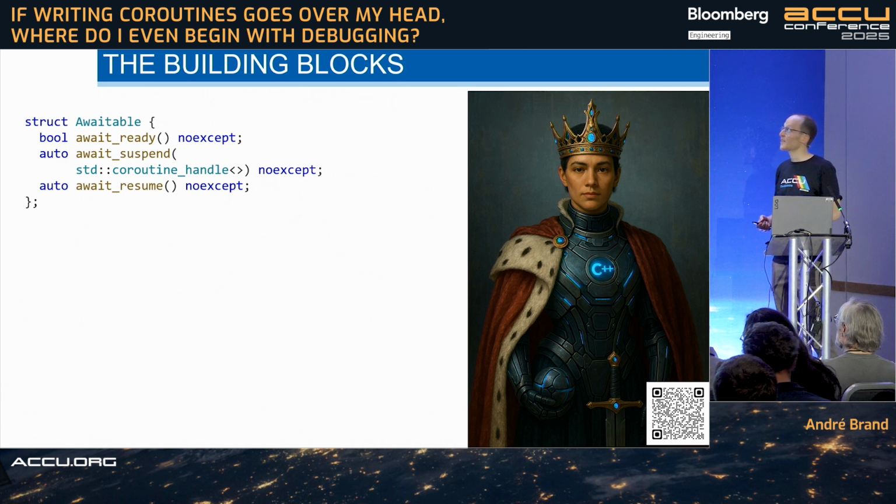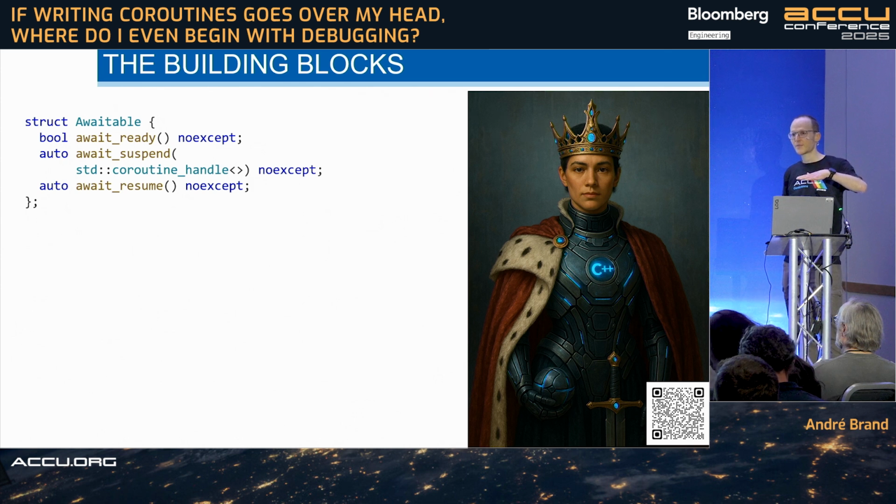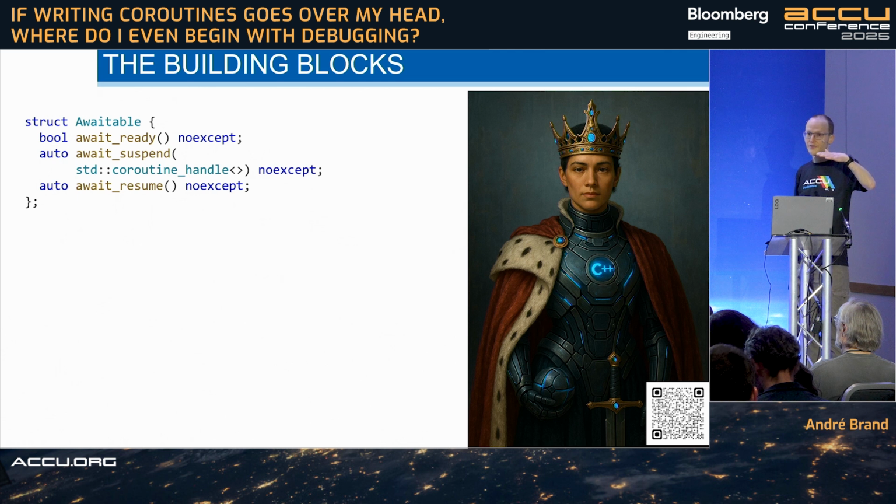Additionally, we provide await ready, which is kind of an optimization, and it also has a different use case because it gets evaluated earlier. It gets evaluated before suspension. So it can optimize the suspension away, which is potentially costly. And it's also a different part of the machinery.